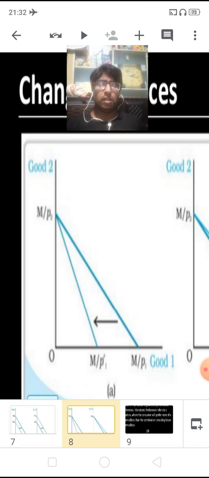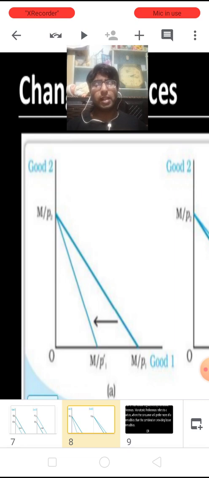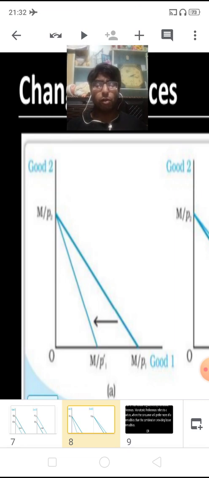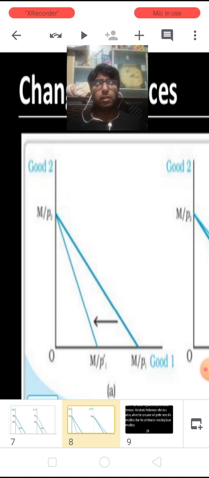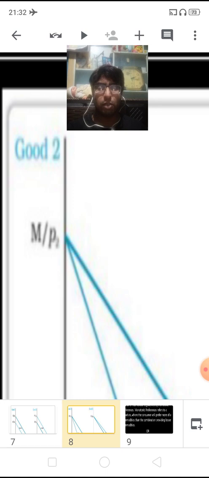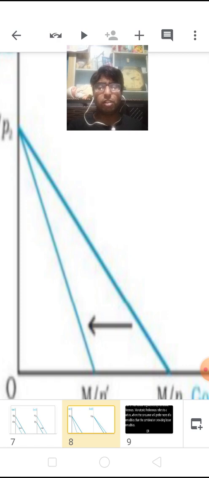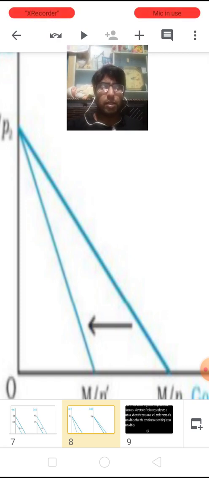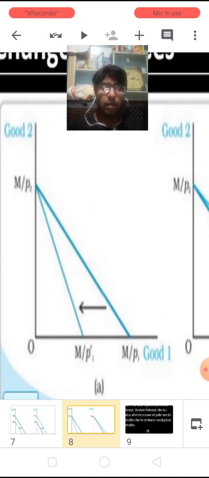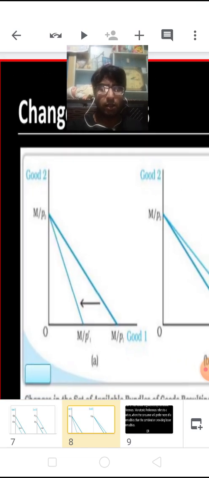which was previously 4 rupees per unit. Now with this reduction in the price of good X, the consumer can purchase more of good X. So that is why, children, the budget line, which started at M/P1, now starts at M/P2, and because of the decrease in price, our budget line will shift towards the right.